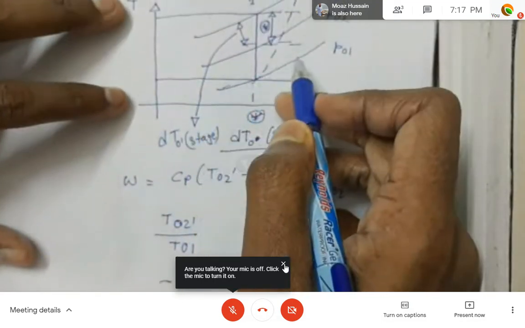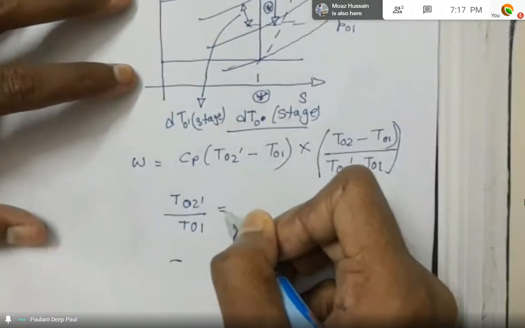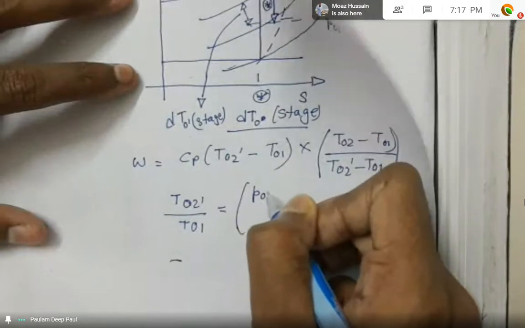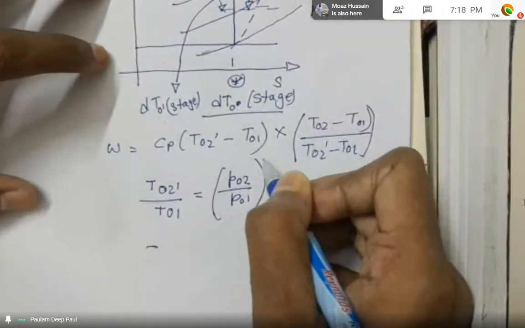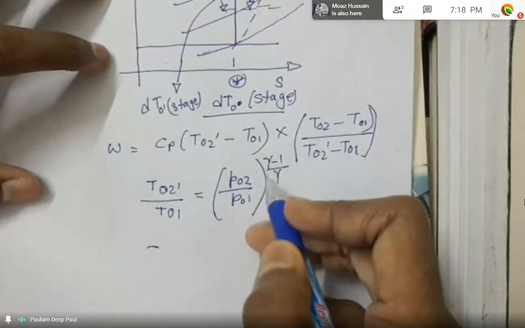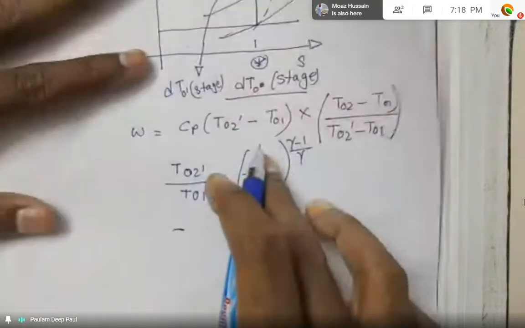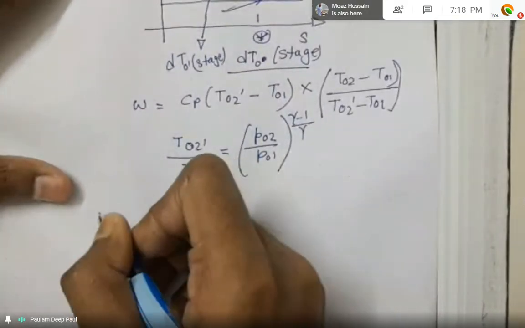And for the 2 dash, sorry, 2 prime, we get this formula. I'm just going to write it with the ratio of specific heats, but since it's a polytropic process, we'll change it in due course to the required formula we need.